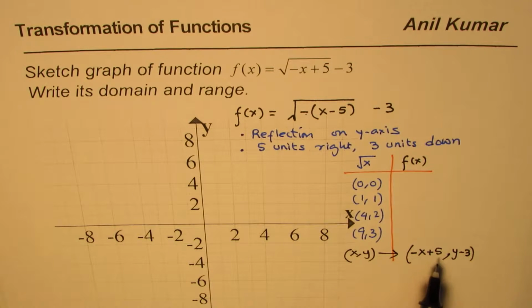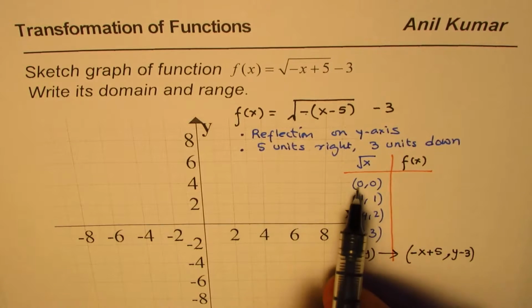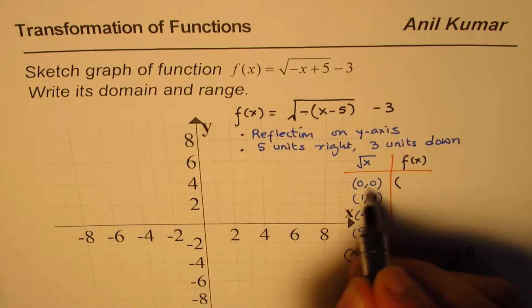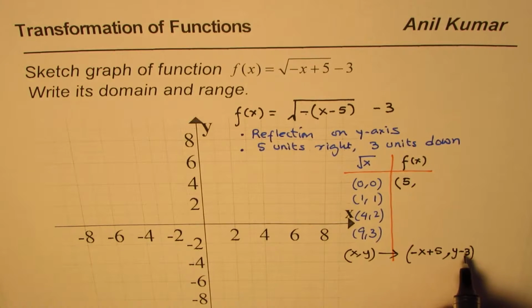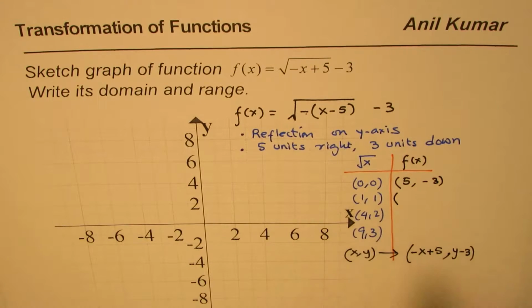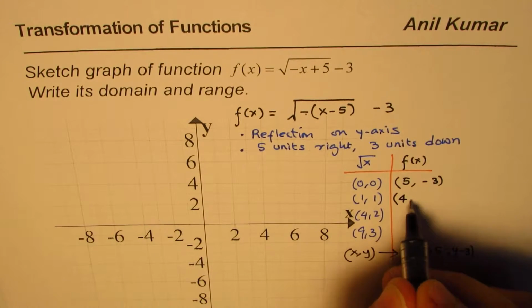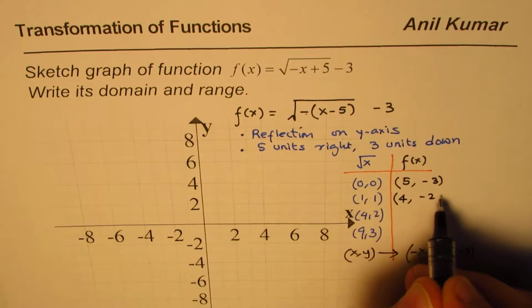So that is the transformation. Now, with this transformation, we get image points. So we'll do minus x plus 5. That will give us this point at 5. Y value will be y minus 3. 0 minus 3 is minus 3, right? Now for the second point, minus 1 plus 5 will give us 4. And the y value 1 minus 3 is minus 2.